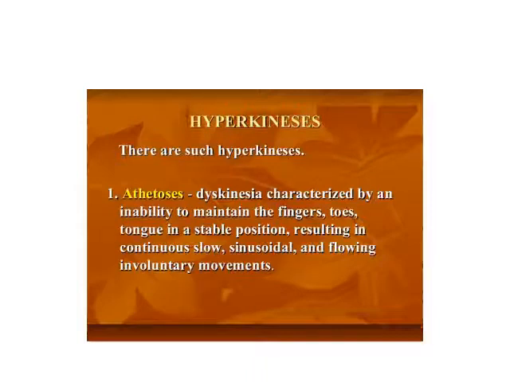There are several types of hyperkinesia. We have athetosis, which is dyskinesia characterized by inability to maintain fingers, toes, tongue in a stable position, resulting in continuous, slow, sinusoidal and flowing involuntary movements.